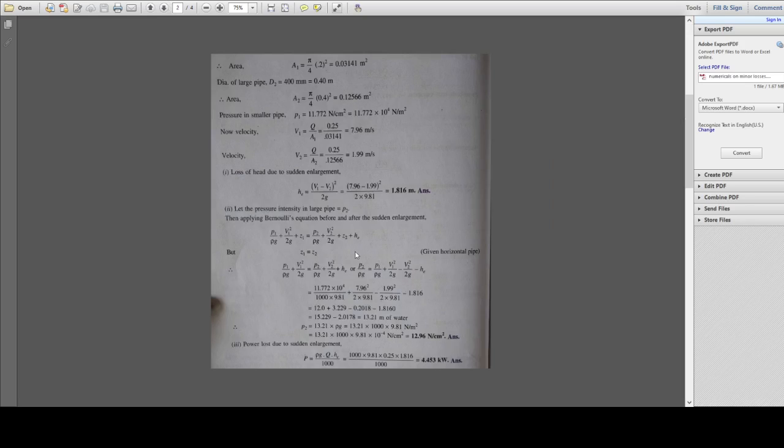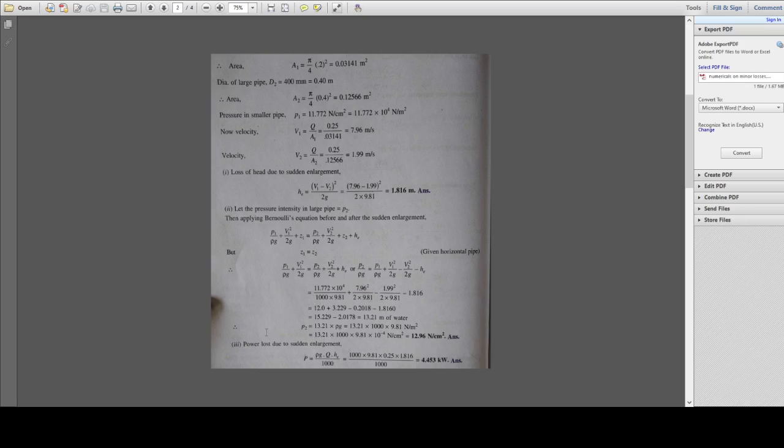So we have to calculate the value of P2. We know P1, V1, V2, and He, the head loss due to sudden enlargement. Substituting these values, we get the value of P2, that is 12.96 Newton per centimeter square. So we get the pressure intensity in the larger pipe, P2. We have calculated this.